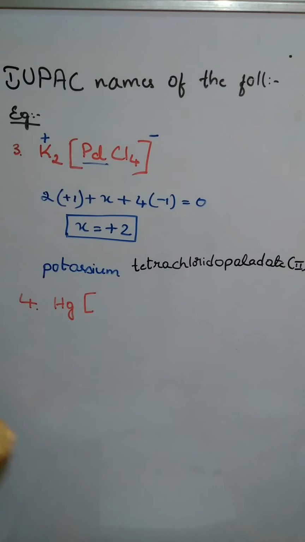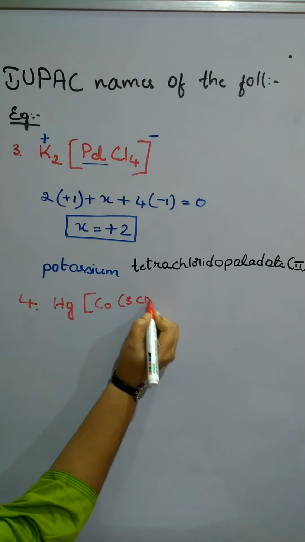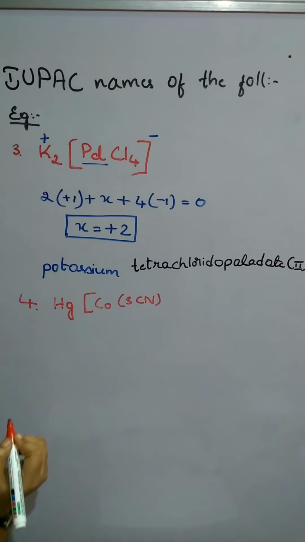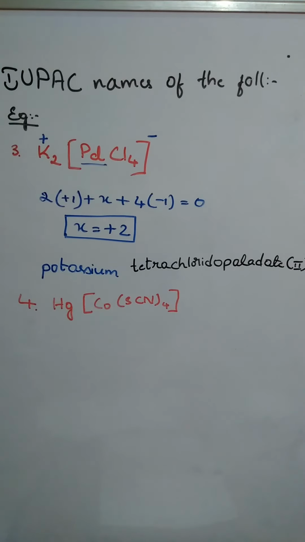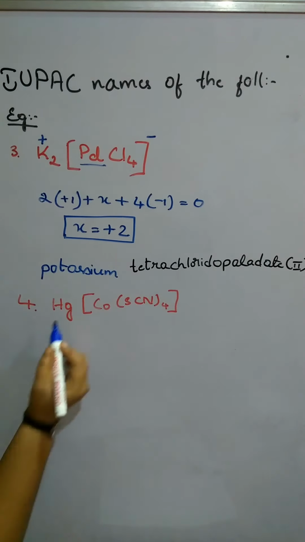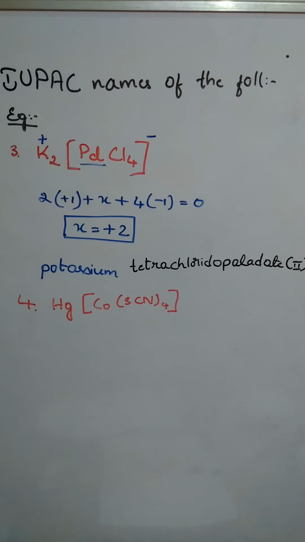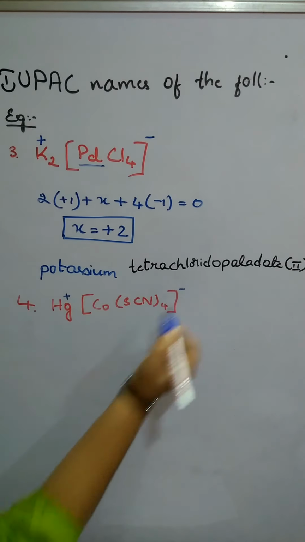Hg[Co(SCN)4]. This is our complex. So we shall calculate the oxidation state of the metal here. Hg is plus 1. It is positively charged, so the complex part should be negative.